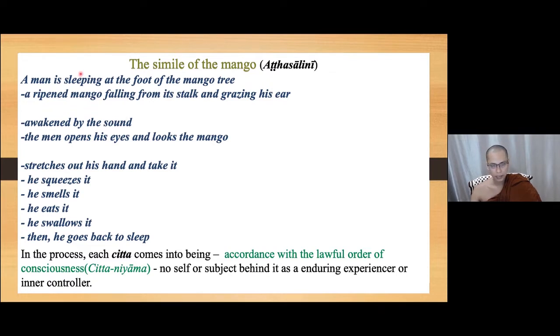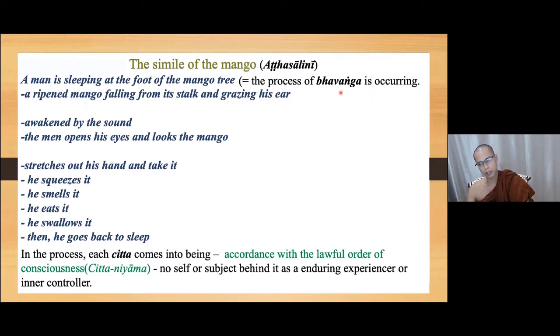Okay, here in this process, the man sleeping under the tree is compared to the Bhavanga occurring. As we have studied, if there's no specific cognitive process to be aware of a new object, the mind continues as a part of the Bhavanga.